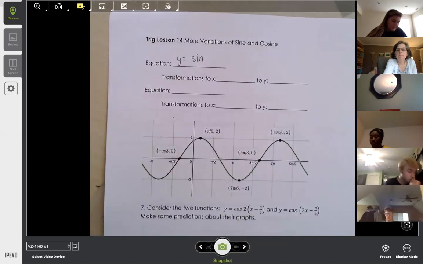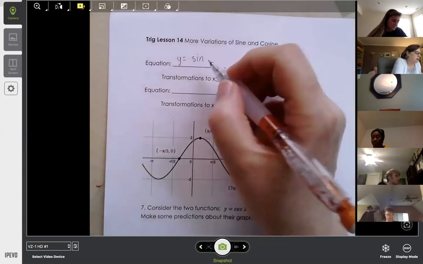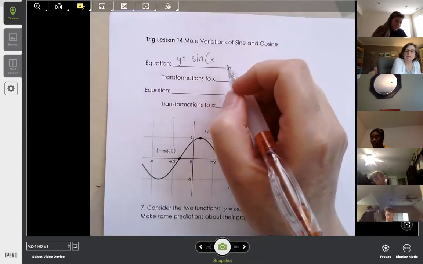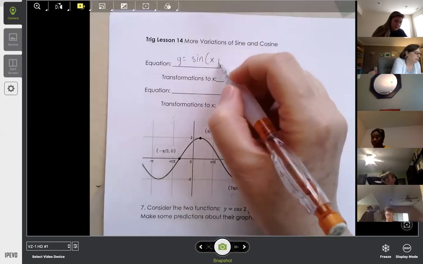Is it pi over 3? Where would that be in the parentheses? That would be in the parentheses because it's moving pi over 3 to the left, right? So am I going to do minus pi over 3 or plus pi over 3? Plus. Right.